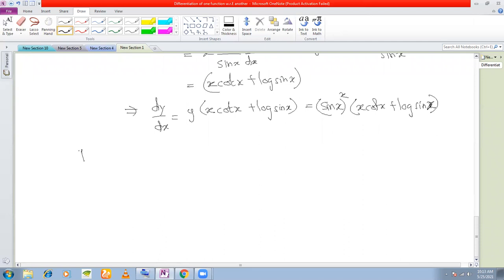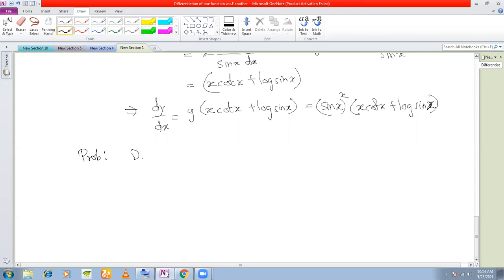Another application of logarithmic differentiation is when you have a product of two or more functions, especially when each function is raised to the power of either another function or a rational power. Okay, let's see.